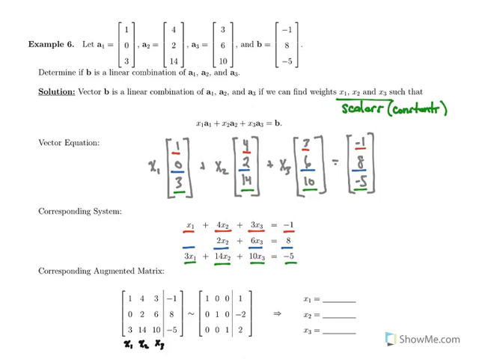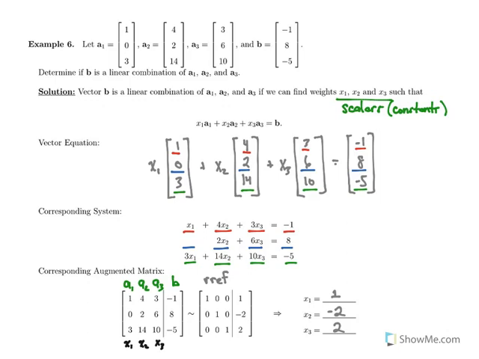Note that this also corresponds to the vectors A1, A2, A3, and B. And if I row reduce that, I'd have to do a negative 3 row 1 plus row 3 into row 3 and do some other things on top of that. I get this reduced row echelon form that allows me to solve this very quickly. This says that x1 is equal to 1, x2 is equal to negative 2, and x3 is equal to 2.